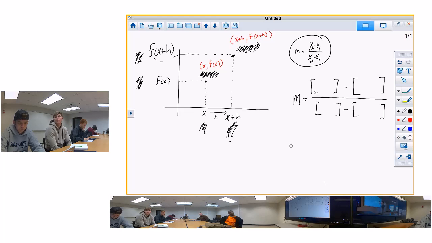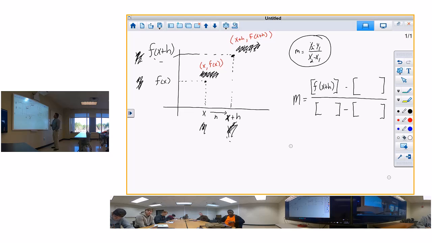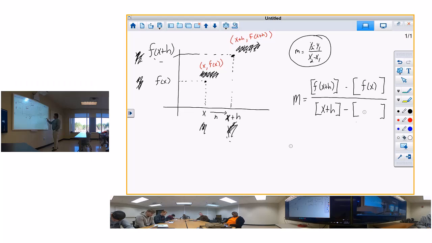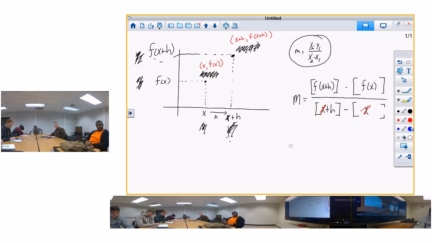F of x plus h. Good. And what to plug in here? F of x. What to plug in here? X plus h. And what to plug in here? X. What happens to the x's down here? Cancel. Cancel. And somebody tell me what we have left.